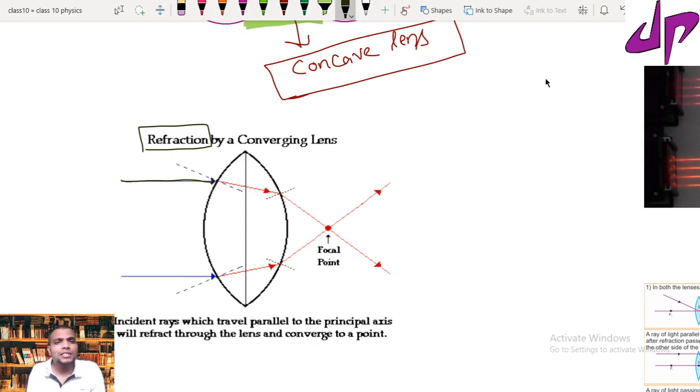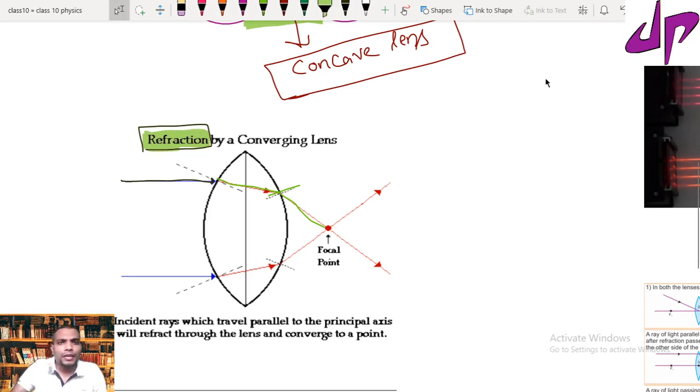A lens is a glass material with a different refractive index than the surroundings, so it will bend towards the normal. Here the red line bends towards the normal, and when it comes out from the glass to the air outside, it bends away from the normal. That's why this phenomenon is known as refraction, the bending of light.